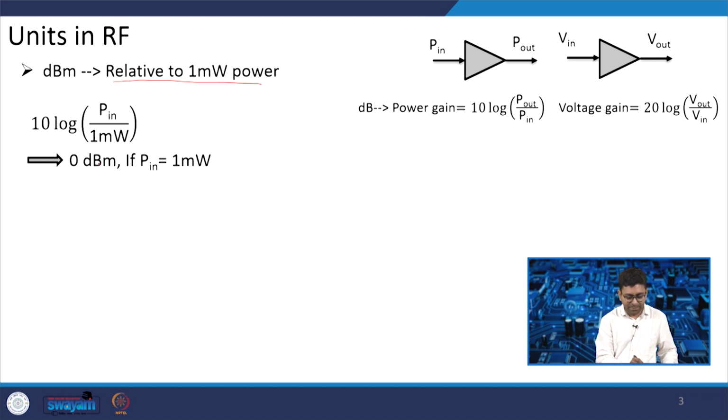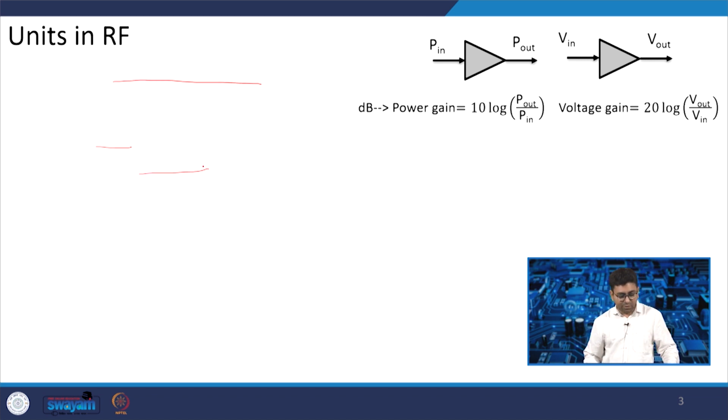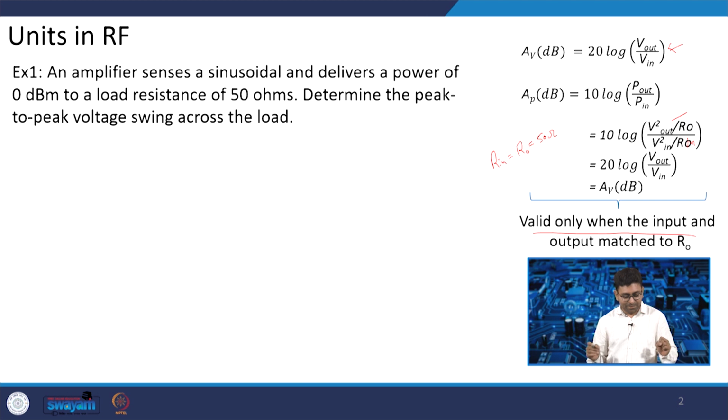For example, if we want to find the power in dBm, we take the input power, divide by 1 milliwatt, and take the log to get the power in dBm. For example, 0 dBm is nothing but P in equal to 1 milliwatt. So, I just want to give you an example.